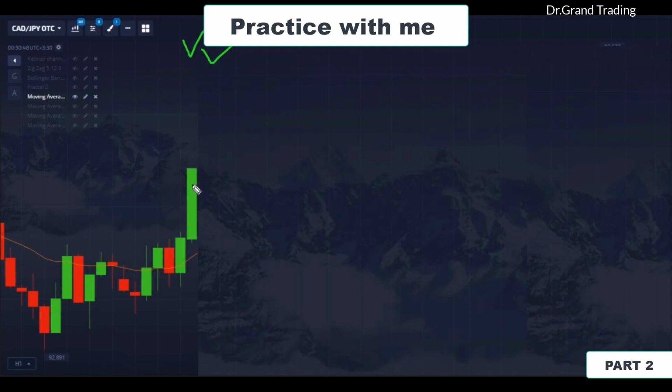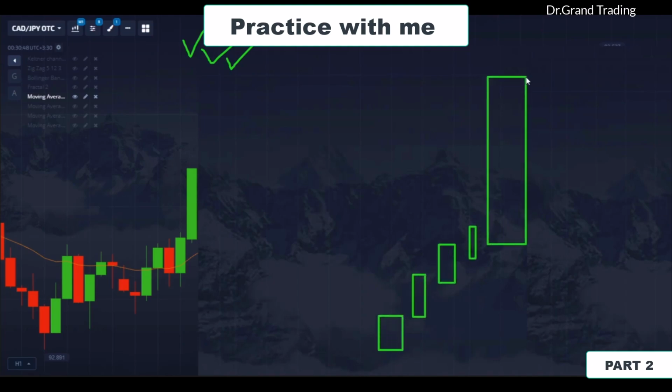If you compare this candle with the last 5 or 6 candles, you'll see that this candle is huge and bigger than every other candle. So this means that this candle might be an exhaustion candle. As everybody knows, let's say we have a trend, then we see one of these.